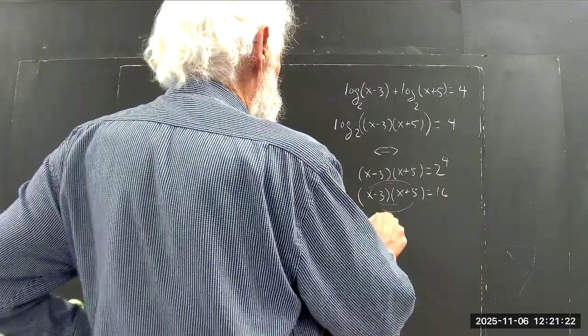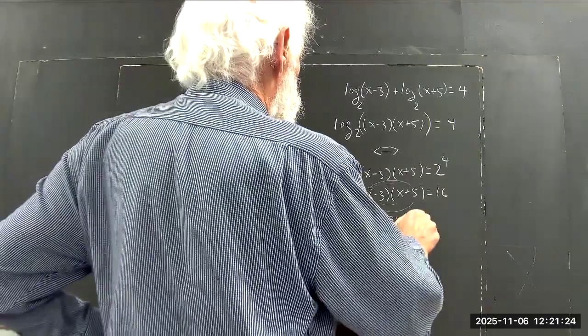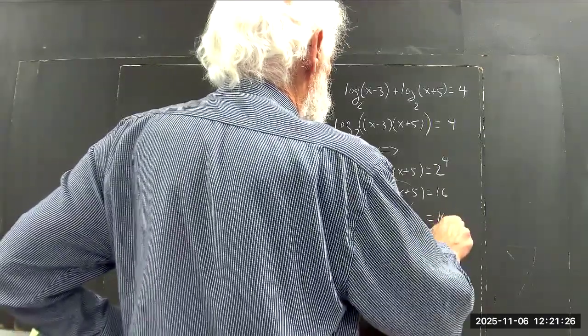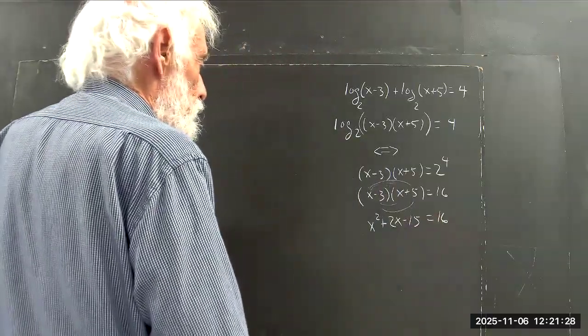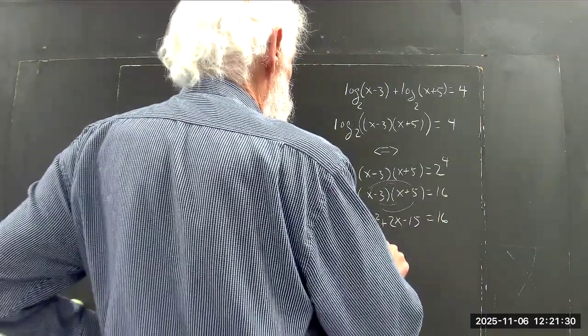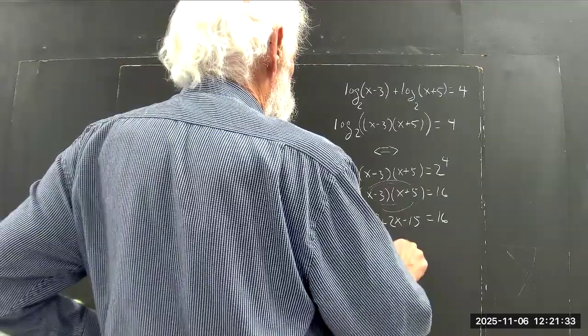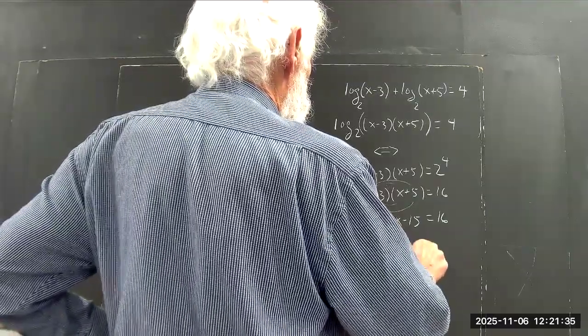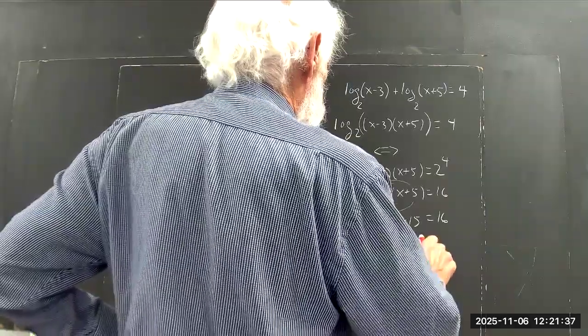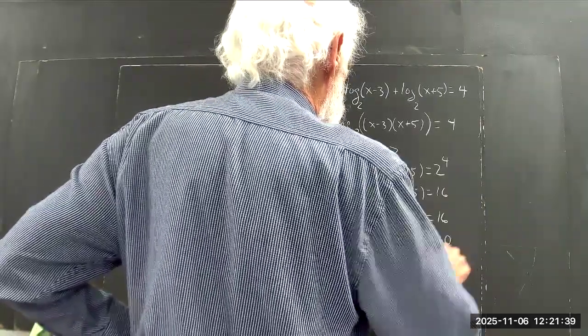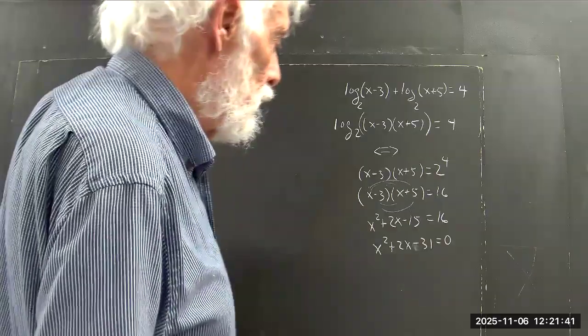But this is going to give you x squared plus 2x minus 15 equals 16. So that we get x squared plus 2x minus 31 equals 0.